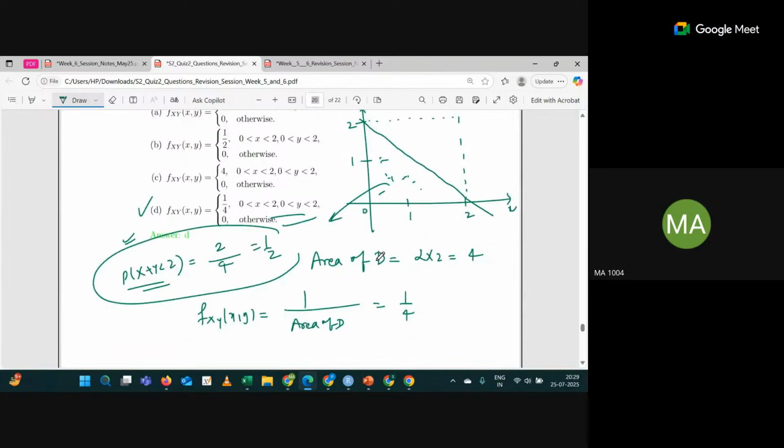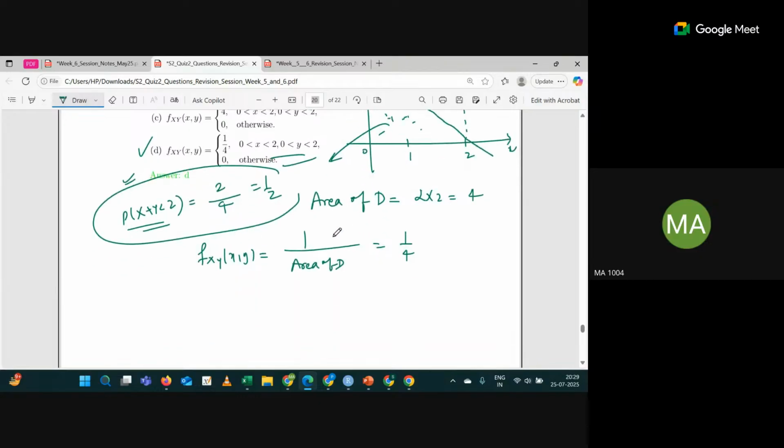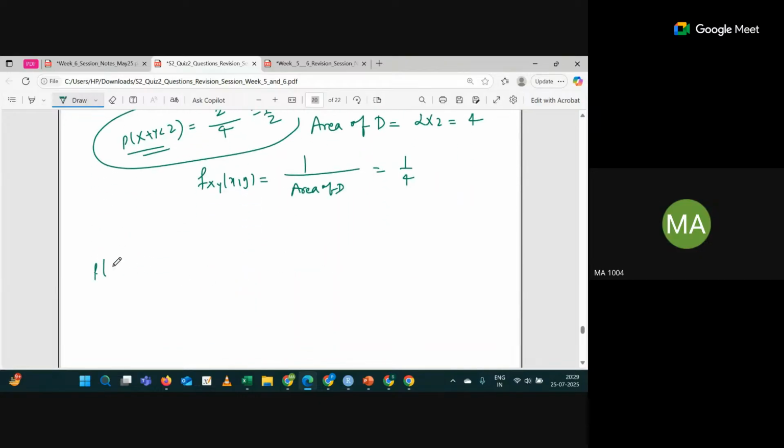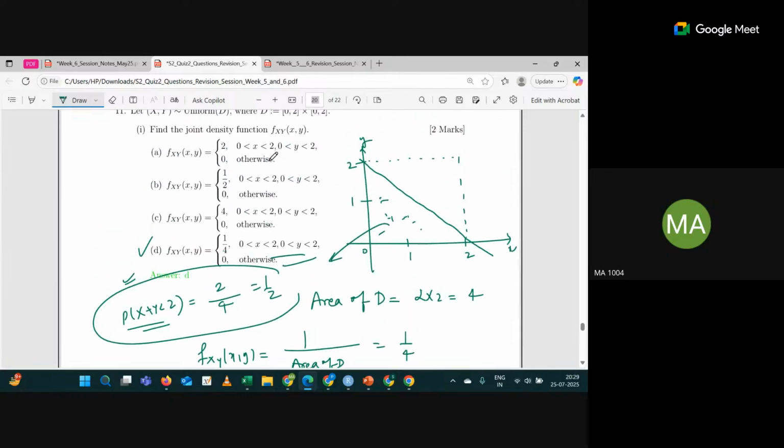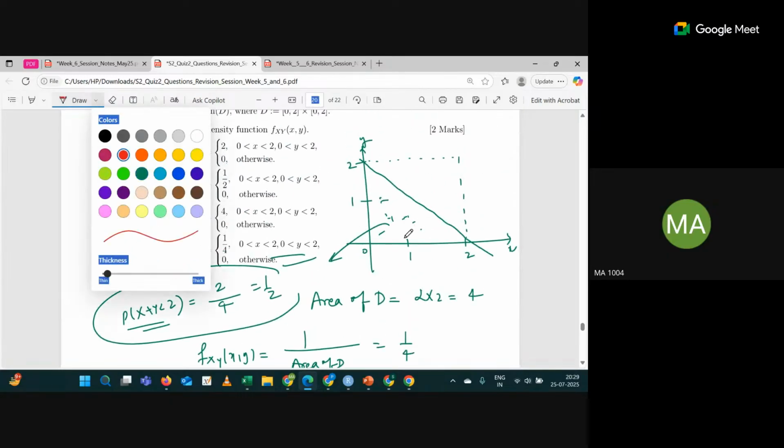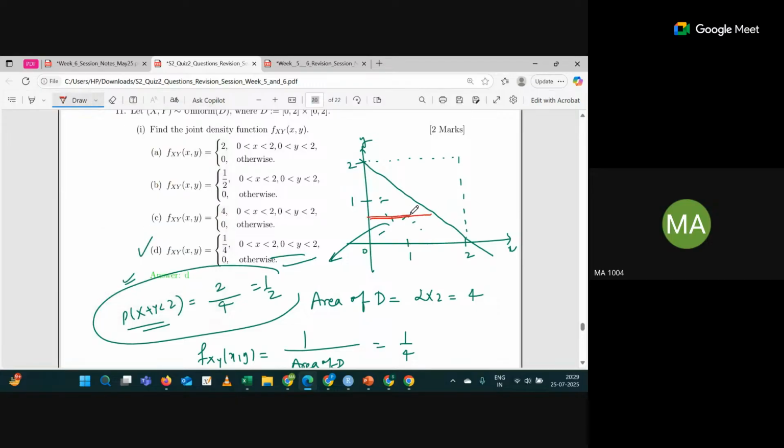Another way, you can integrate, right? If you want to find the limit of x, first of all, if I have to calculate probability x plus y less than 2, what will be the limit of x? I will draw a parallel line with respect to x. This is x plus y equal to 2, so x goes from 0 to 2 minus y.